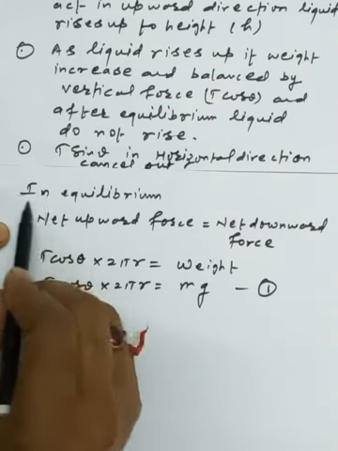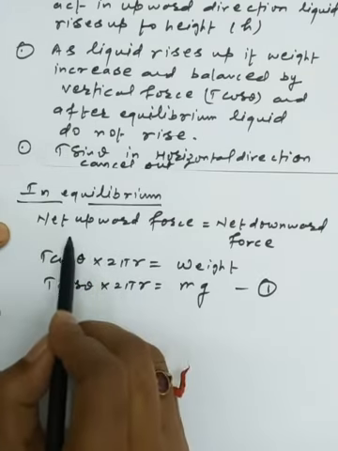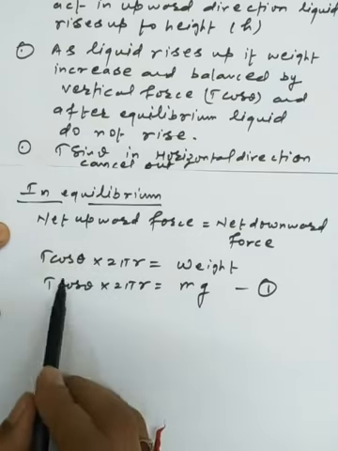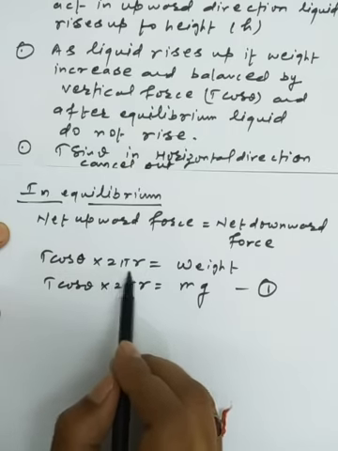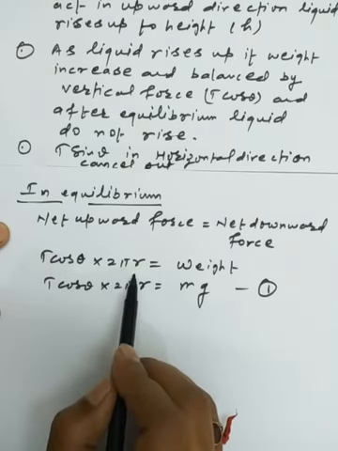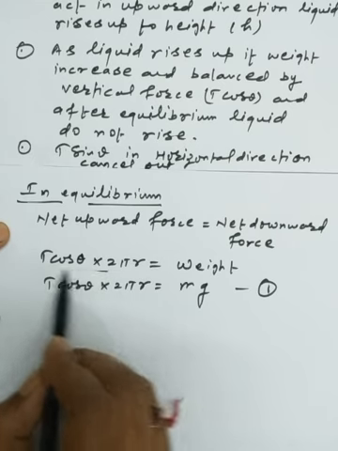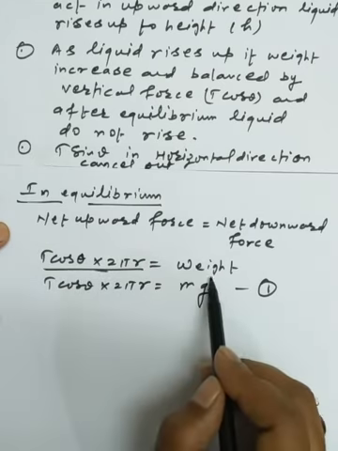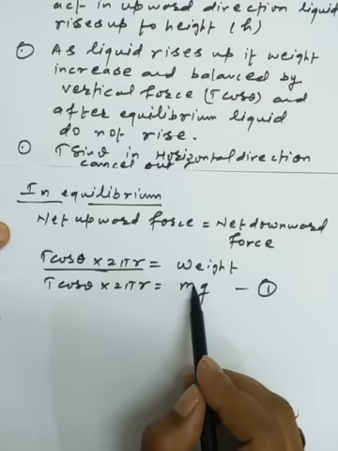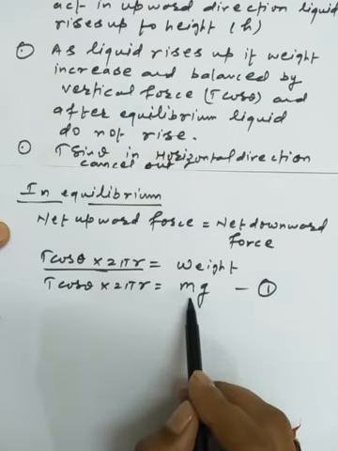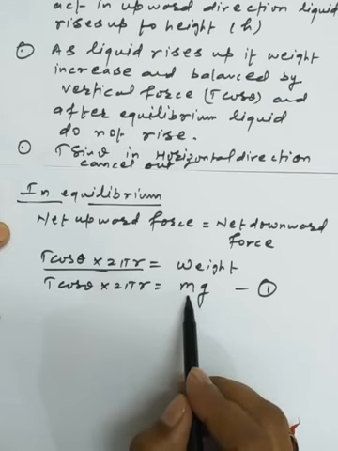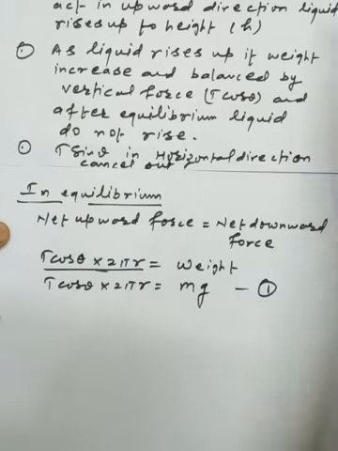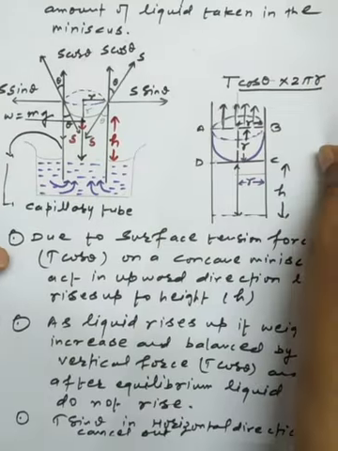So here I have made the concept that in equilibrium the net upward force is equal to the net downward force. So the T cos theta acts on the circumference of a hemisphere of the radius r. So the liquid rises up due to this force, and it is balanced by the weight. So we are just taking the weight of the liquid acting in the capillary action, that is called the mg. So how can we discuss the concept of the mass that is held inside a portion up to height h?